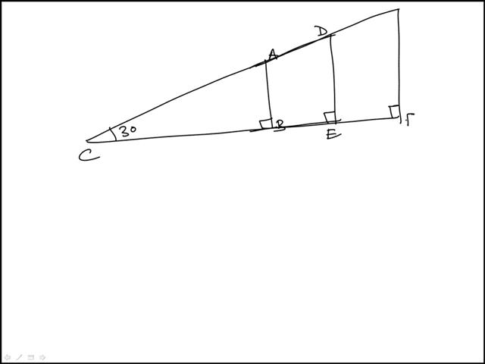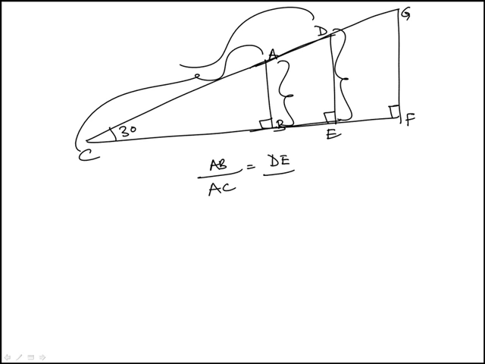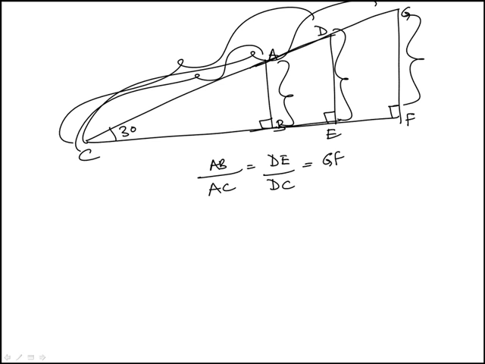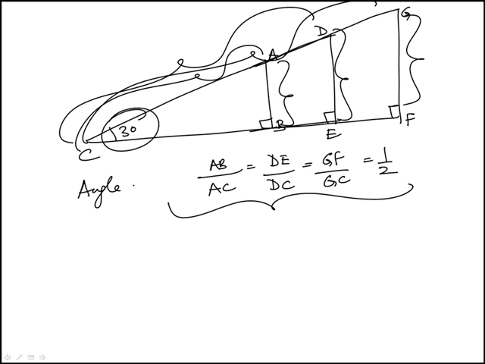Probably my letters are not in the same place, but the idea is AB to AC is equal to DE to DC is equal to GF to GC, and that number is half. And essentially this is the case for a right triangle where this angle is 30 degrees.